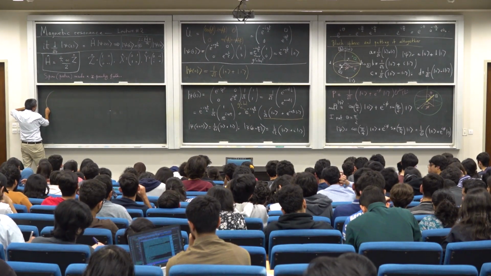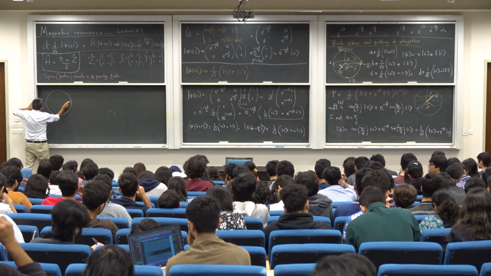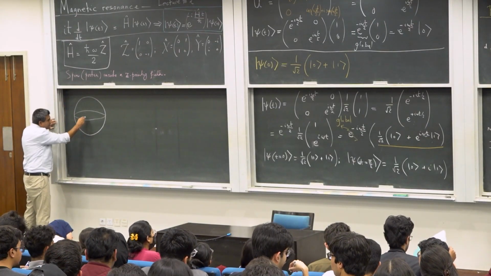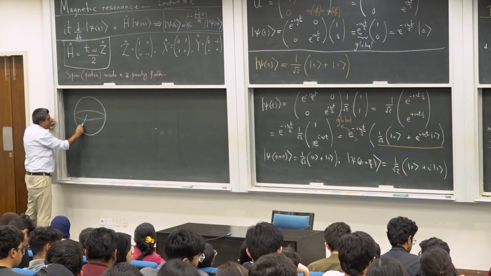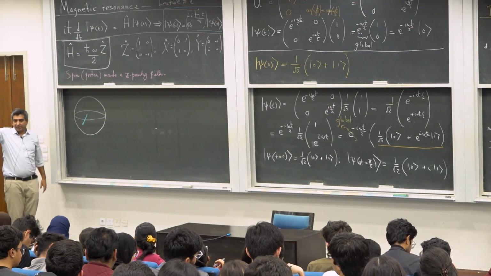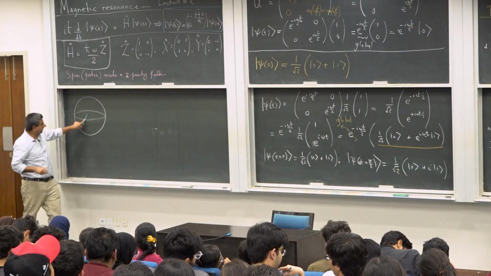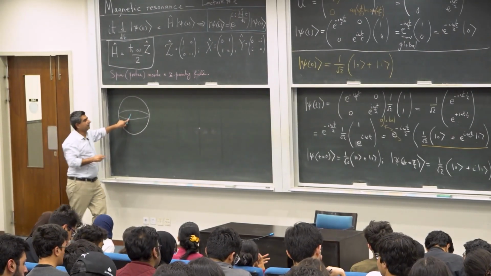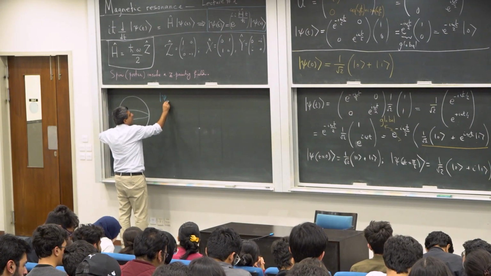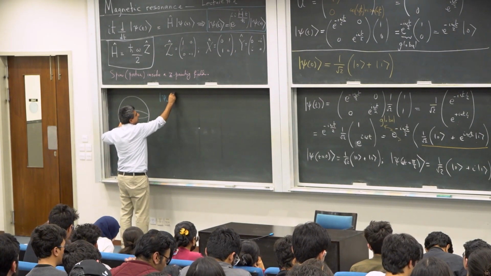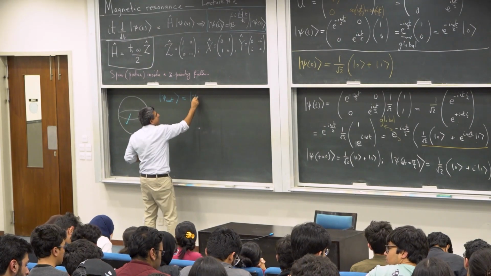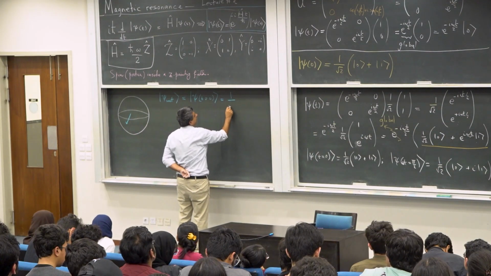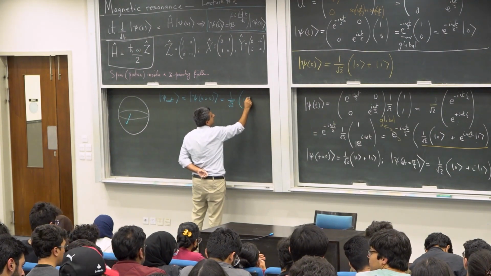Our Bloch sphere, my initial quantum state is here. It's ket 0 plus ket 1 over under root 2. My initial quantum state, at time t equals 0, is 1 over under root 2 ket 0 plus ket 1.